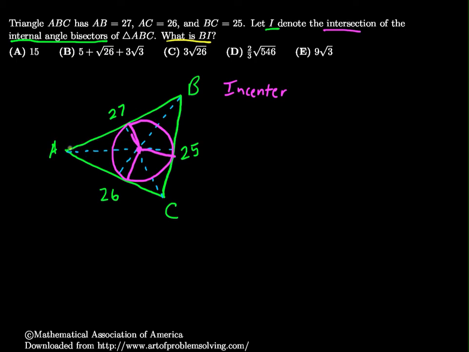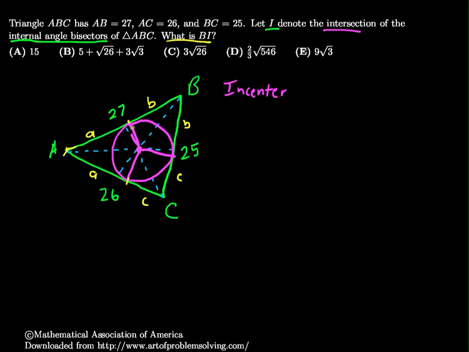So let's call this length here A, and the two tangents from a point to the circle will be congruent. Let's call these B. Let's call these C. And so what we're going to try to do is find A, B, and C. We can use a system to do that.